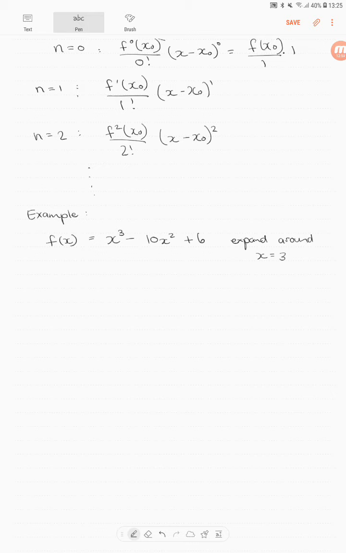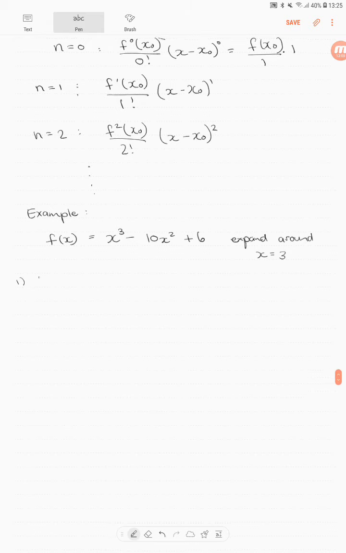So we follow the same steps as for the Maclaurin series. So 1, find the derivatives. Now the question, up to which point do you want to find the derivatives? That is until the derivative is equal to 0.